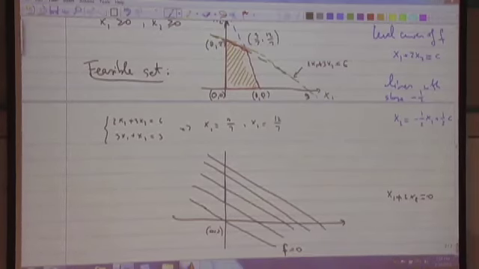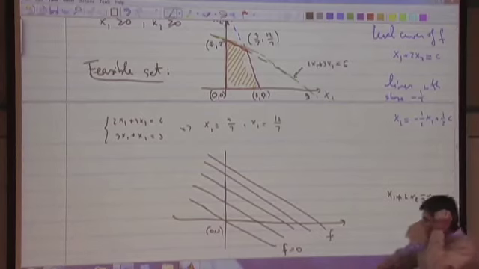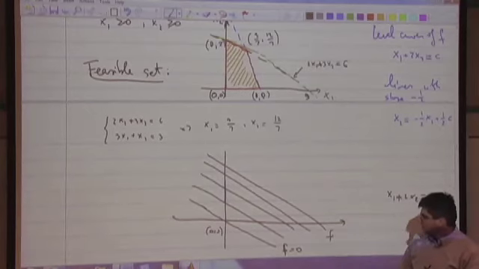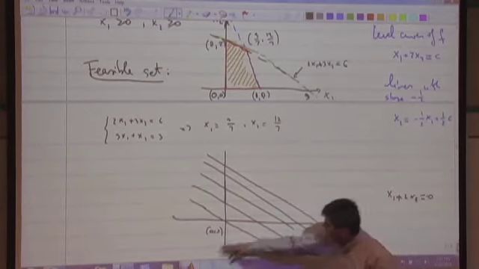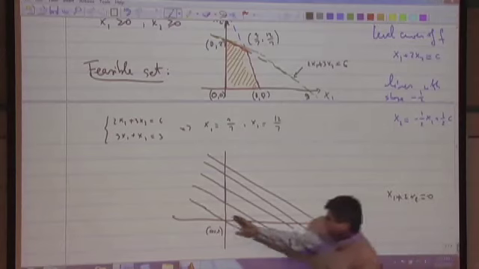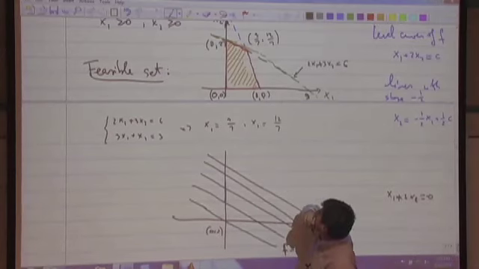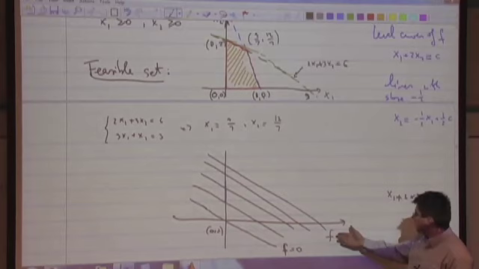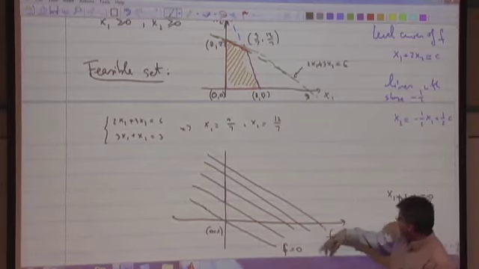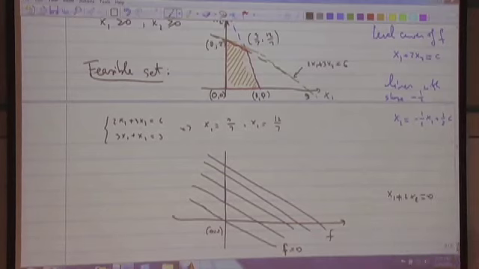But how do we know whether f is increasing or decreasing in this direction? So f is, what do you think? Is it increasing as we move this way or this way? As we move this way, it's going to be increasing because you can say f equals 2 happens when x1 plus 2x2 equals 2, right?